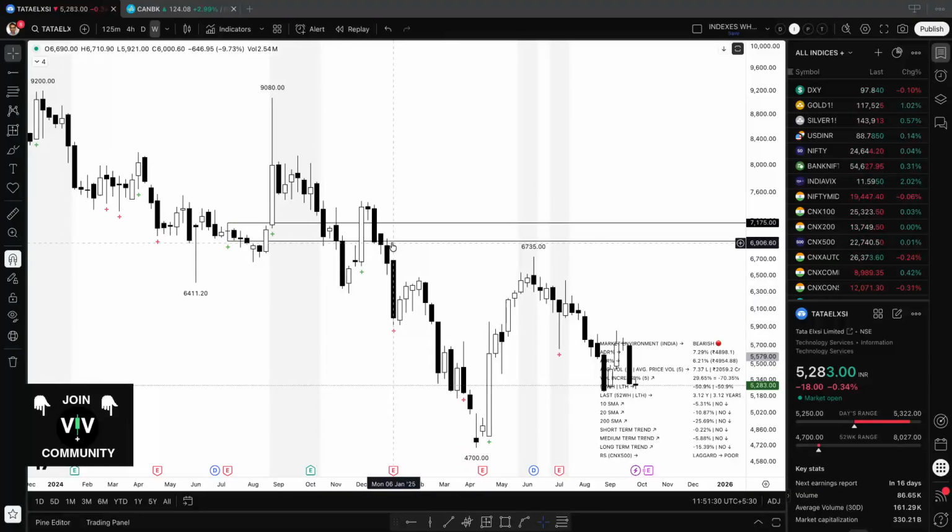As the background was not there, the market trapped the breakout traders, and it started to go down again.